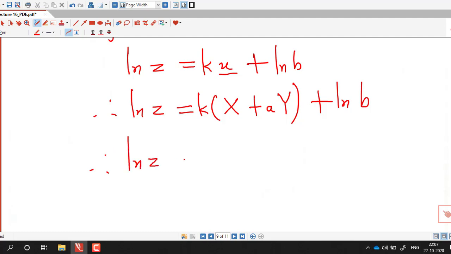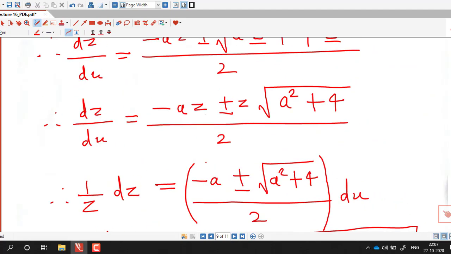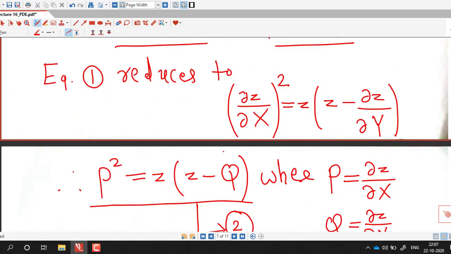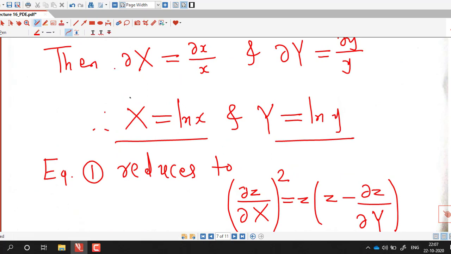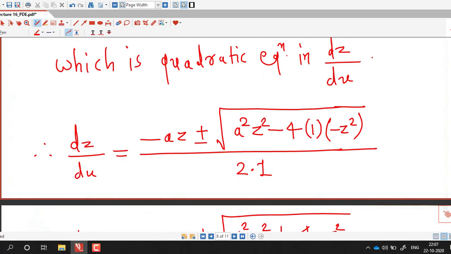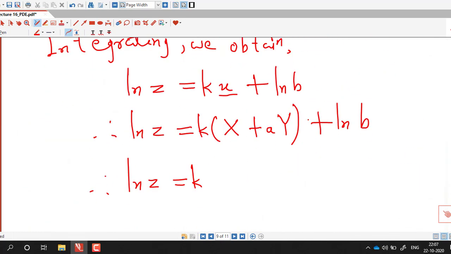Now we substitute the values of capital X and capital Y in terms of small x and small y, which is capital X equal to log x and capital Y equal to log y.